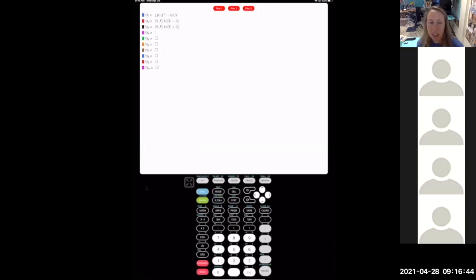And you can do this one at a time or all at once. So then we've got 21 times 10x plus 3 and 21 times 10x minus 3. And so we hit graph.